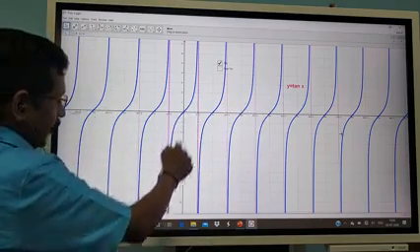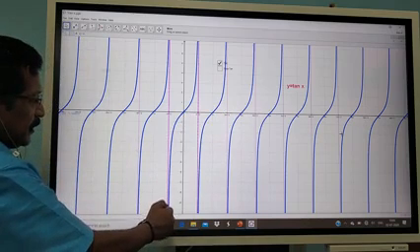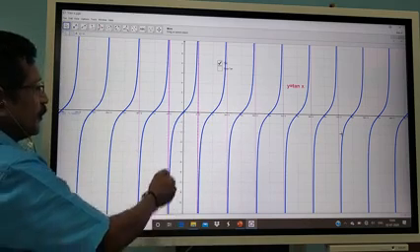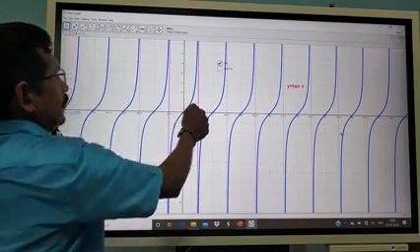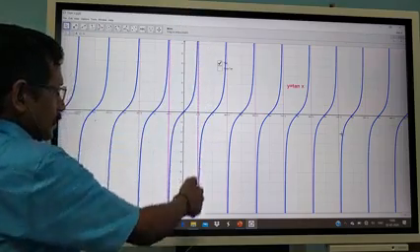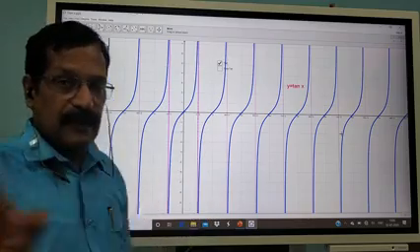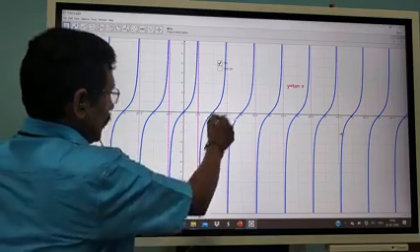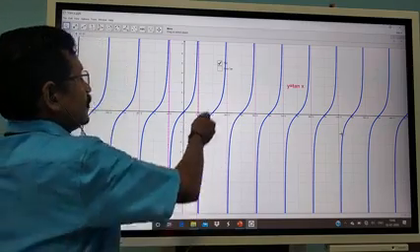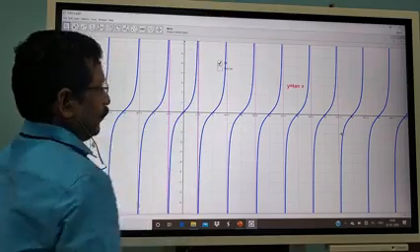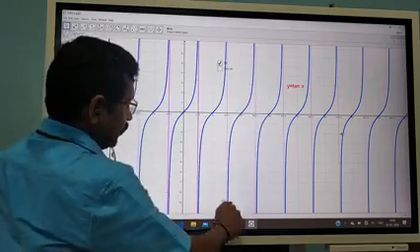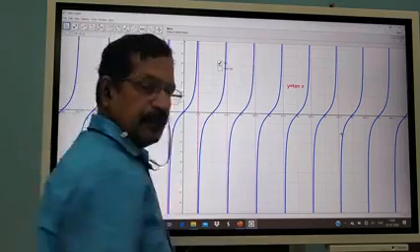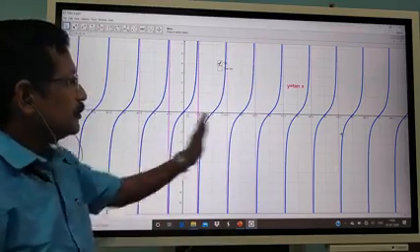From minus pi by 2 to pi by 2, the tangent function takes values from minus infinity to plus infinity. At pi by 2, it is not touching. At pi by 2, the tangent function is not defined. Now, from pi by 2 to 3 pi by 2, again in this branch, it goes from minus infinity to plus infinity. From 3 pi by 2 to 5 pi by 2, again it goes from minus infinity to plus infinity, etc. It is going this way.